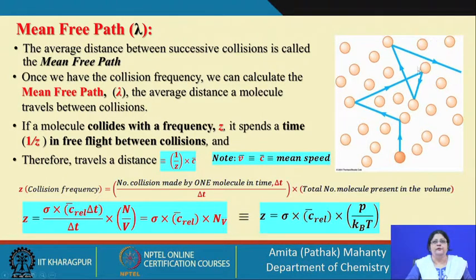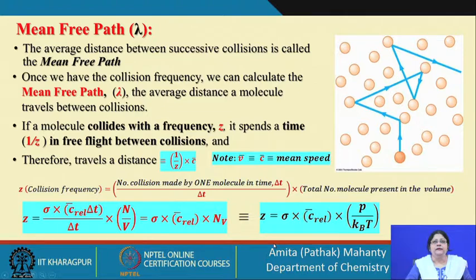The molecules are randomly moving in all three directions, x, y, z, and they are all colliding randomly, as we discussed in the last class. What is the collision frequency? That means the rate of collision of a particle per unit time. The collision frequency was derived in the last class.